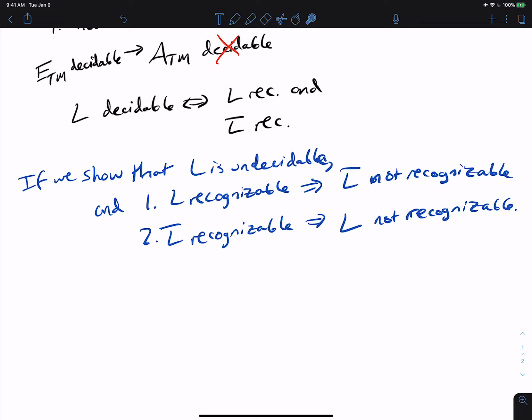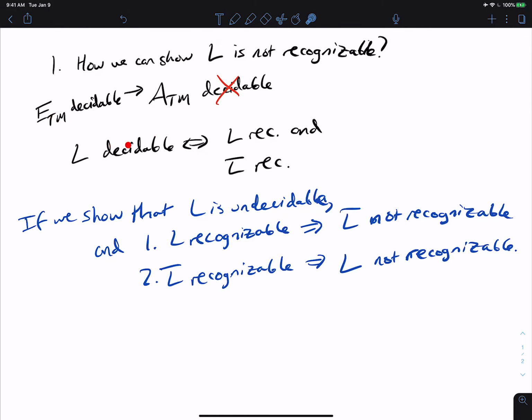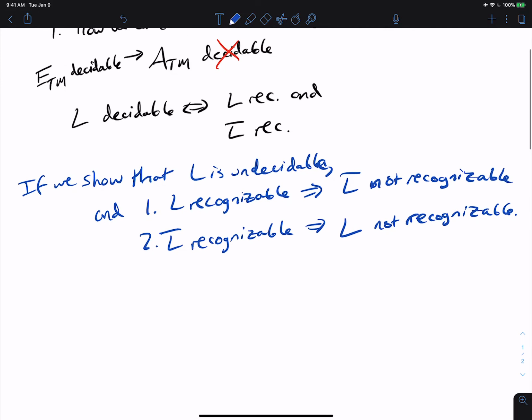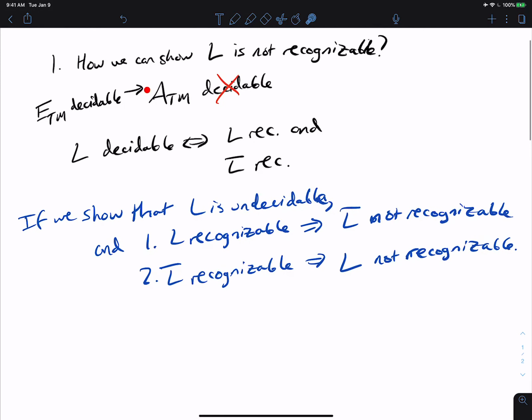Another way we can do it is something similar to this part right here. I'm not going to expect you to know how to do this, but you can use a very similar idea: if you suppose that, for example, ETM is recognizable, and you can show something like this, then that would imply that ATM is recognizable.